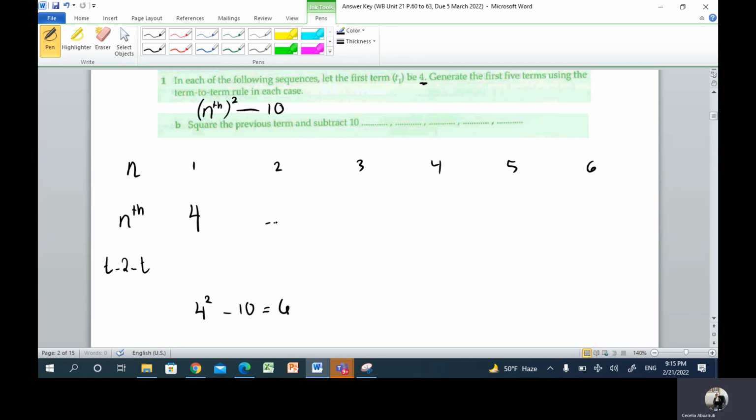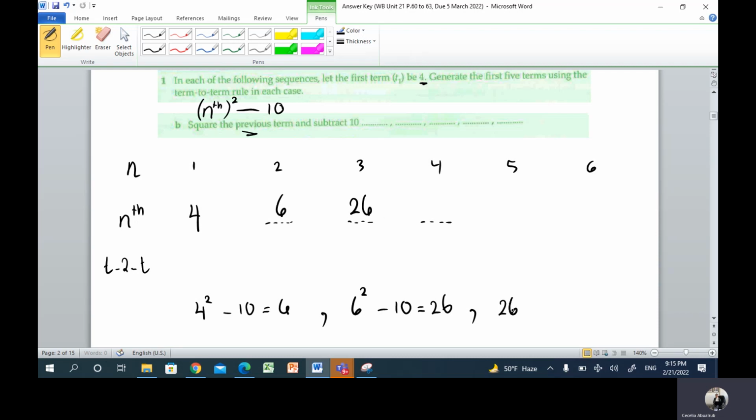So this term here is 6 because they say the previous term. The previous term to the third term is 6, so 6 squared minus 10. So it's 36 minus 10, and the answer will be 26. So this one is 26. The previous term to this one is 26.